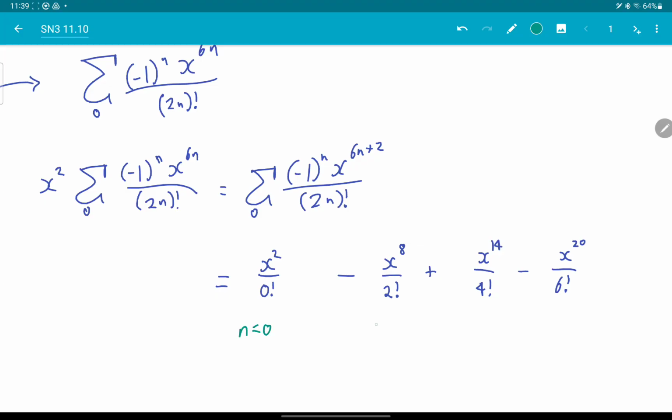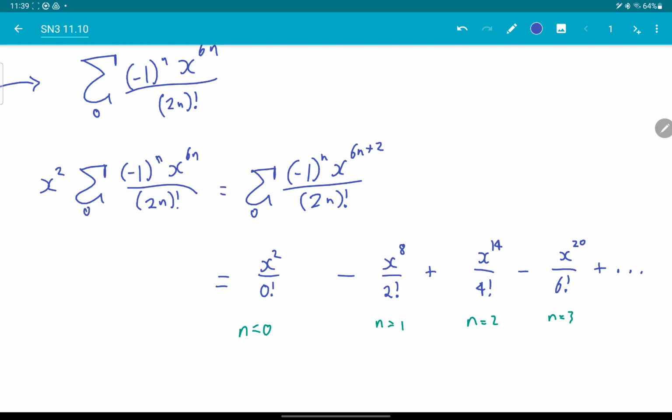So this is n equals 0, n equals 1, n equals 2, n equals 3. And of course this continues, so we should put a little ... there.